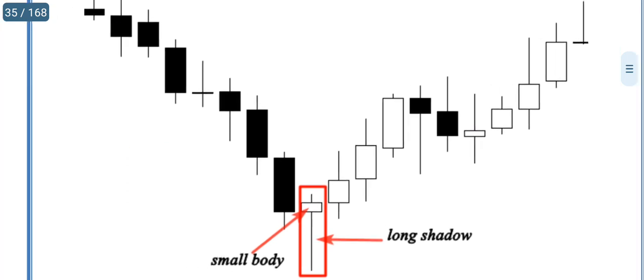At first, the sellers were overtaking the market, and after the formation of a hammer with a long lower shadow, the buyers gained control of the market.